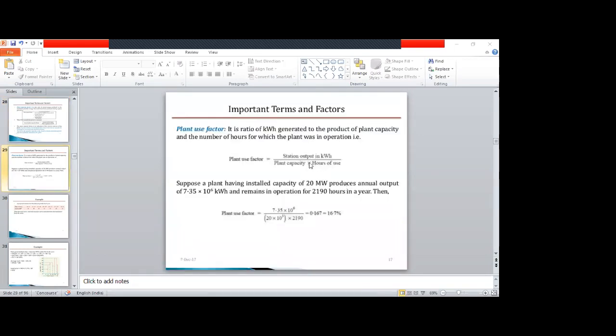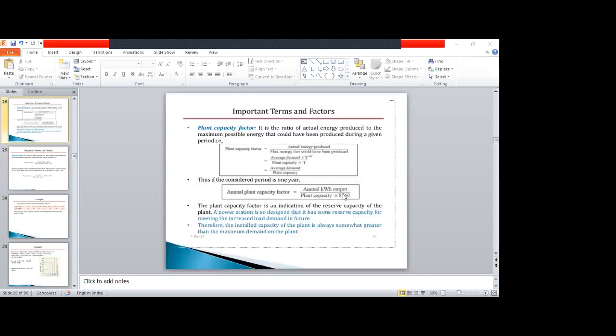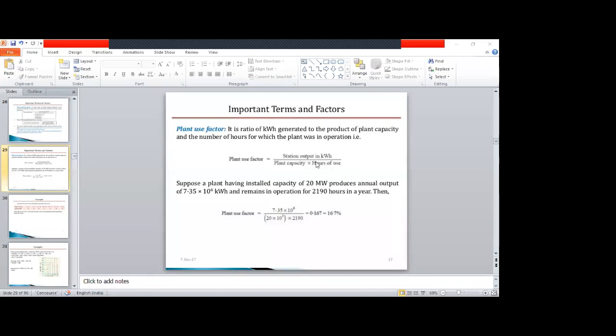Here only the number of hours the plant was used has to be considered. The numerator remains the same; in the denominator, plant capacity is multiplied by the hours for which the plant was running.